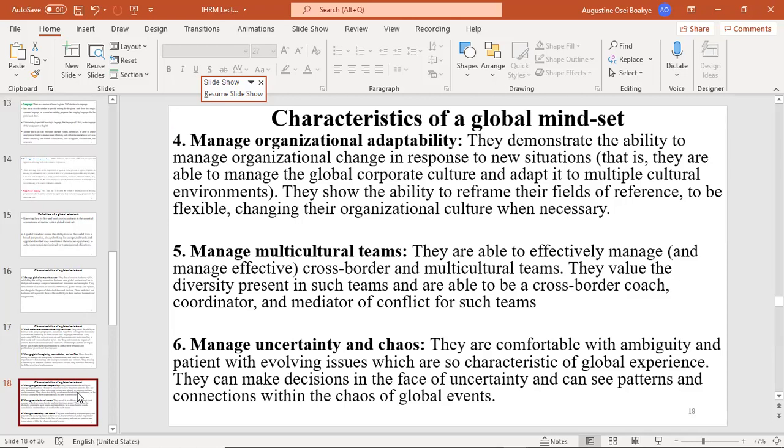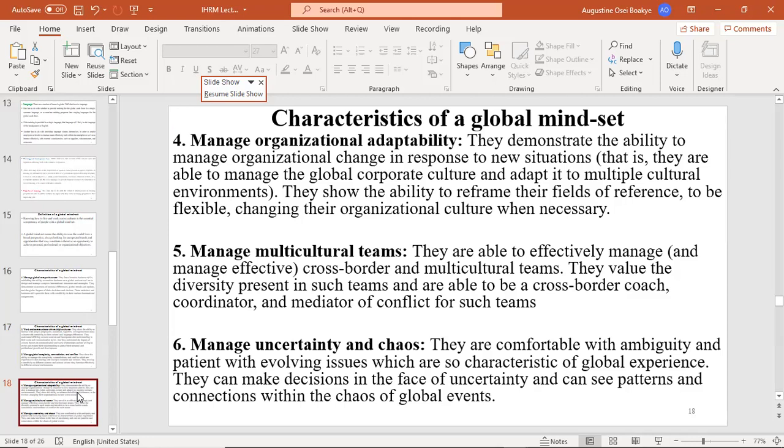And the fifth one is that they are also good when it comes to the management of multicultural teams. That is, they are able to effectively manage cross-border and multicultural teams. And like I mentioned earlier on, these multicultural teams are very key and instrumental to the success of multinational enterprises, since the participants of these cross-border or multicultural teams bring their own perspectives.